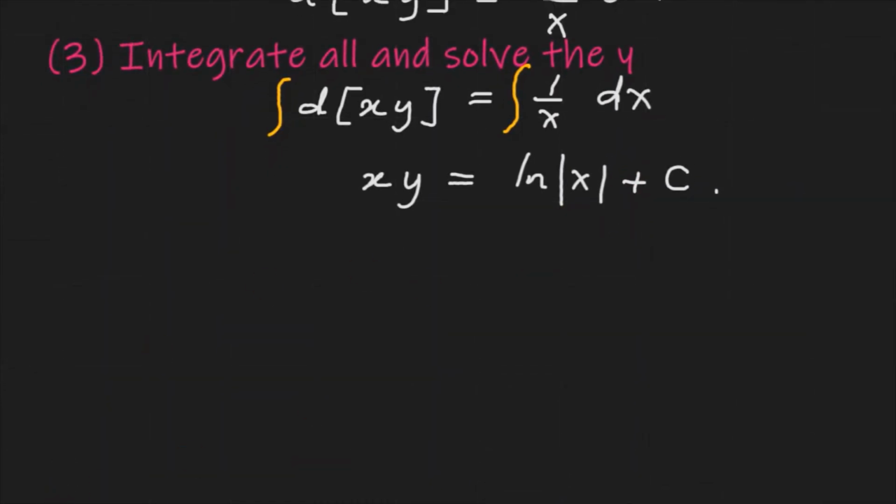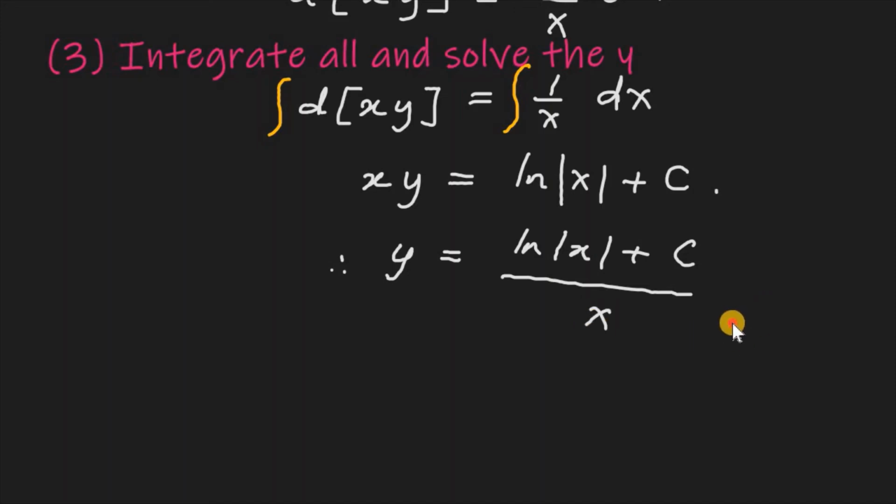The y there is ln of x, where x must be positive, plus the constant of integration, all over x. That is our solution for this linear differential equation. Up to that level, M1 for you to integrate both sides, and A1 for your answer in terms of the constant.